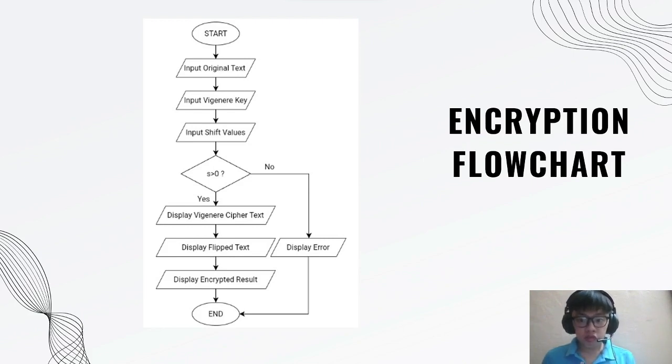So for the encryption flowchart, we will first input the original text, then the key for the Vigenere cipher encryption, then the shift value for the right shift. The shift value will be represented by the letter S. When S is greater than 0, which means the values will be shifted to the right, the result will be displayed for the original cipher text and the flipped text, and finally the right shift result, which is the final encrypted result.